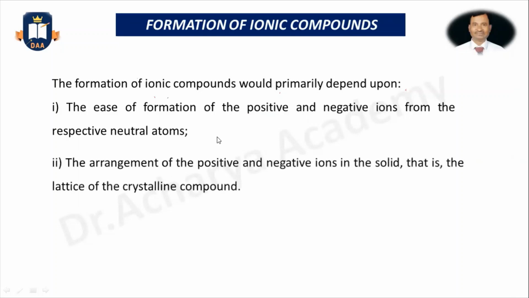Number two, after the formation of the positive and negative ions, the arrangement of these ions in the solid, that is, the lattice of the crystalline compounds. The formation of ionic compounds depends on these points.